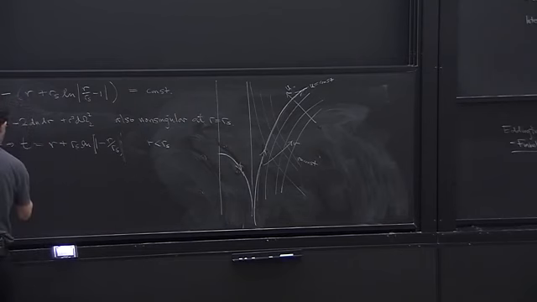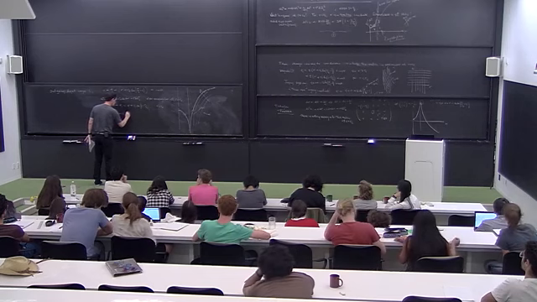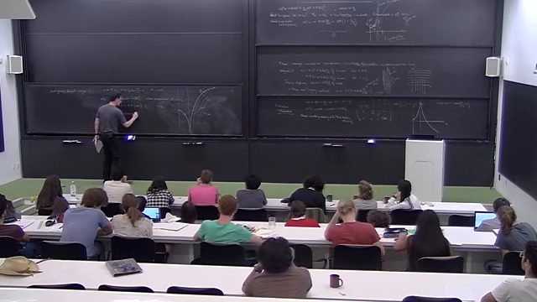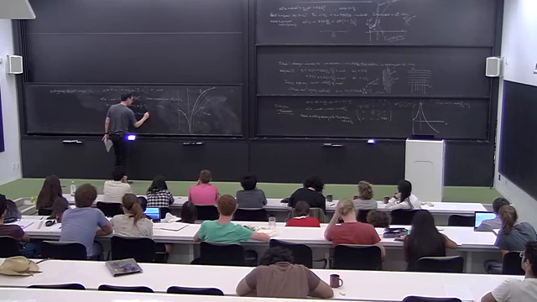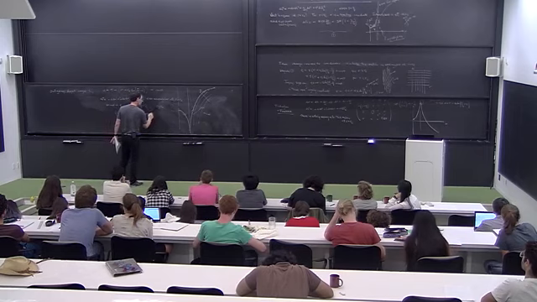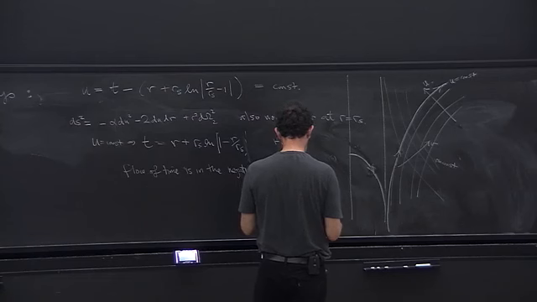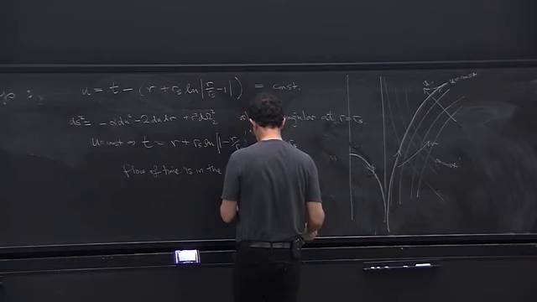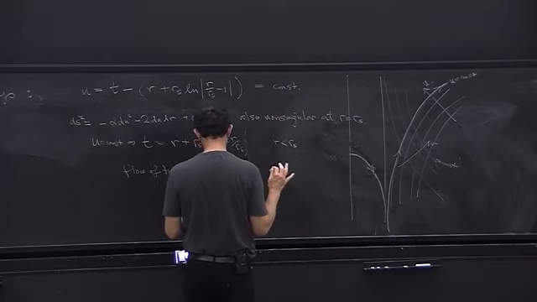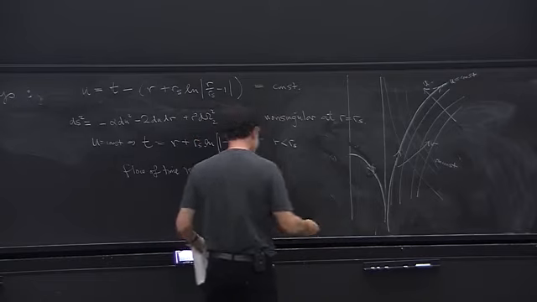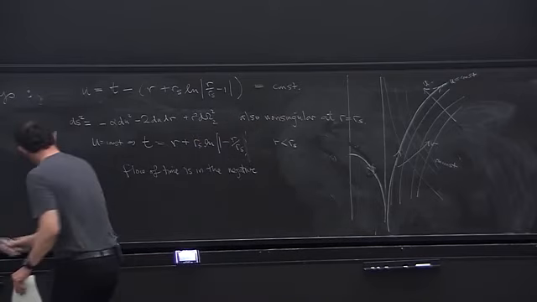Okay, so flow of time is in the negative, okay, actually r is the time coordinate, of course.